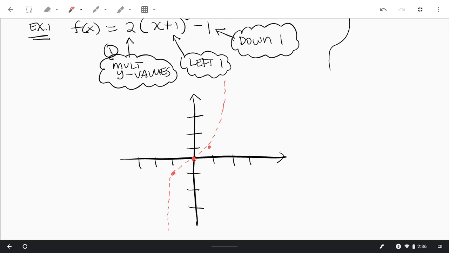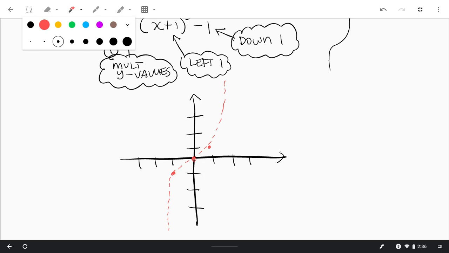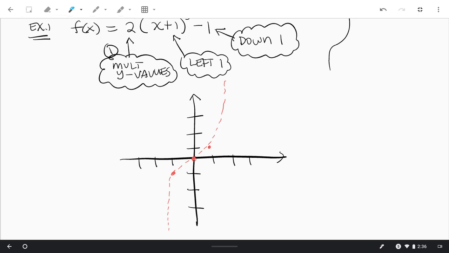All right, so, you know what? I'm going to go with blue this time. All right, so 0, 0 will stay at 0, 0. 1, 1 will become 1, 2, because you're only multiplying the y values, not the x value.